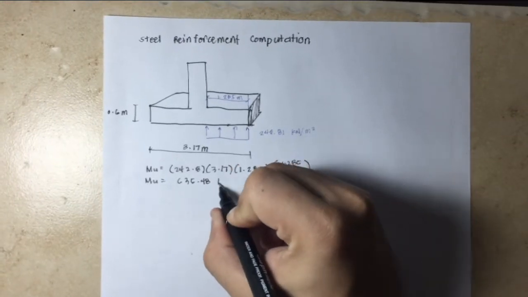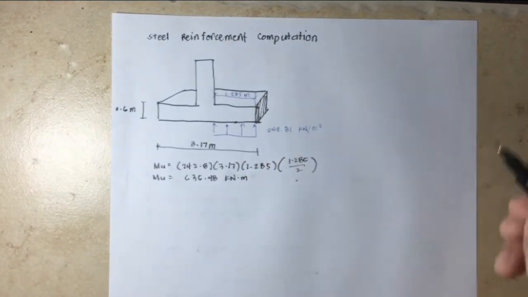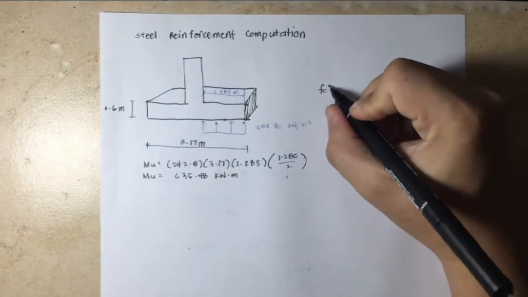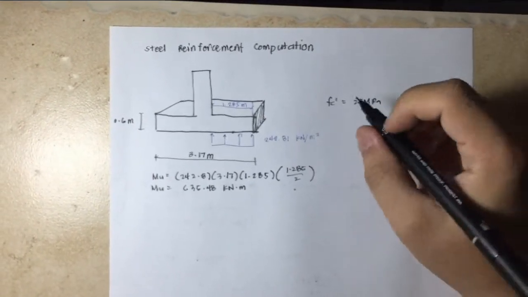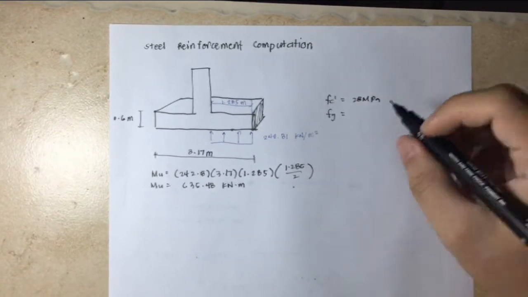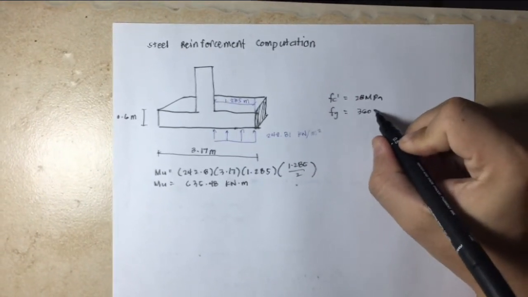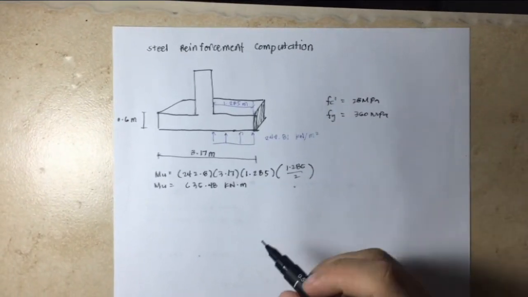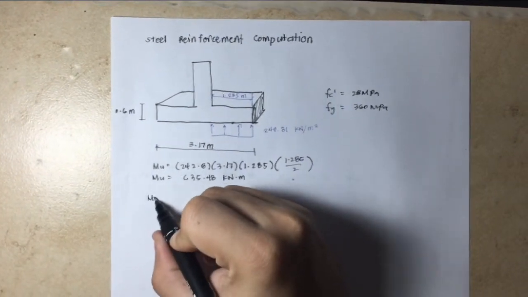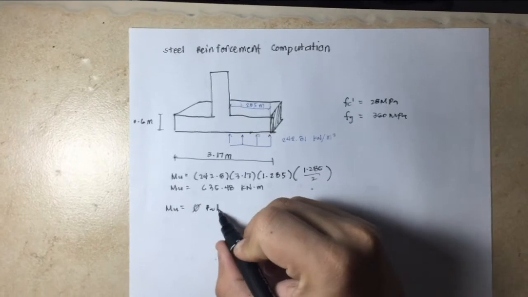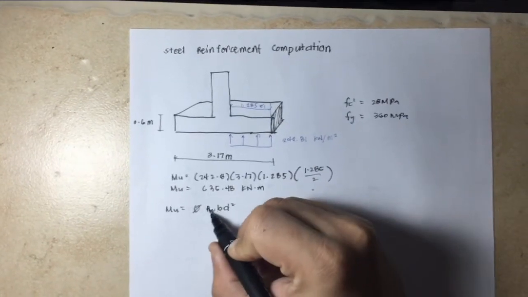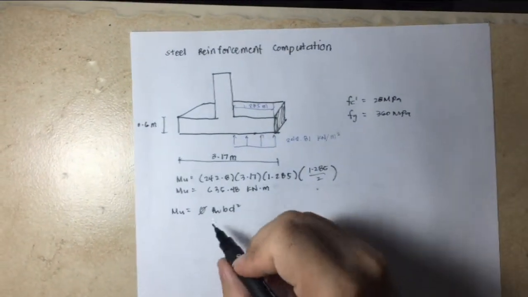So the maximum moment has a value of 635.48 kilonewton meter. By the way, the given f'c is equal to 28 megapascal and fy of steel is 360 megapascal. So from the equation Mu is equal to phi Ru b d squared, we can solve for the value of Ru.